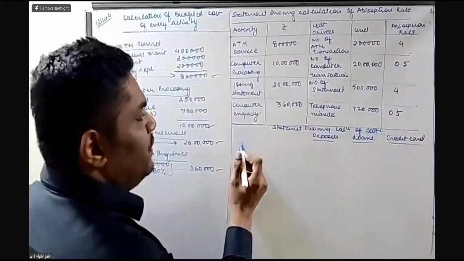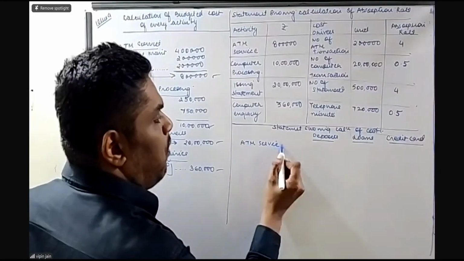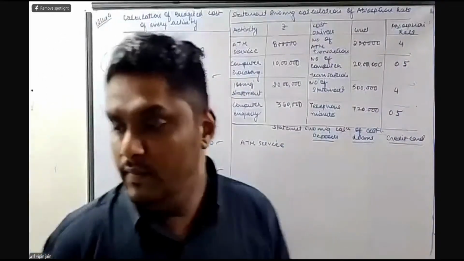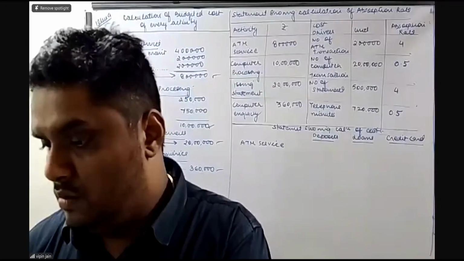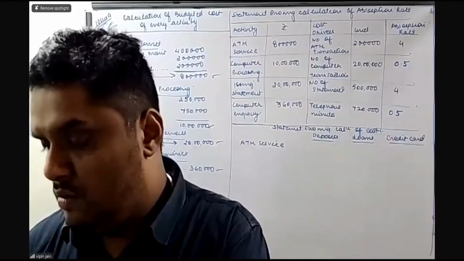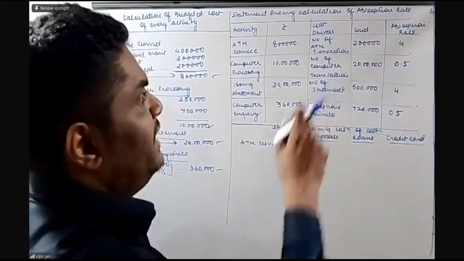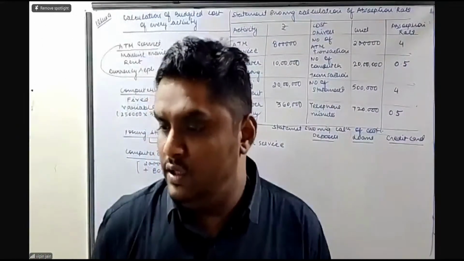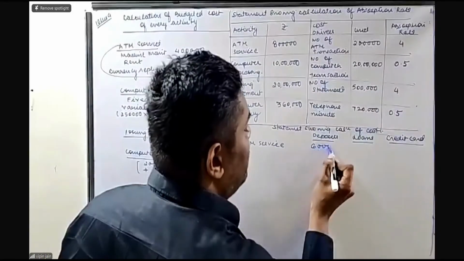Calculation of cost. So first one is ATM service. The rate is 4 rupees for every transaction. So for deposit, it is 150 into 4, that is 6 lakh.